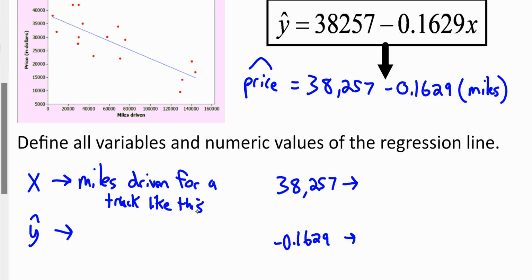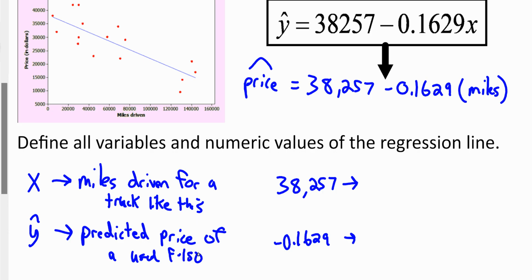I'm not going to put all that down, but it's a truck like this, okay? The y hat is the predicted, and we said this before when I showed what they are. We need to say predicted. It is not an exact price because we're looking for predicting things. So it's the predicted price of a used F-150, we'll say, like this. Okay, so that's what we're looking at.